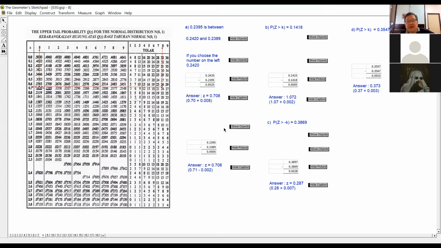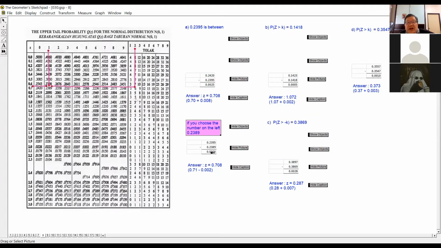Okay, I'd like to choose this number. Let's say I don't want to choose 2420. I choose 2389. So if I choose 2389, I have to take 2395 minus 2389.